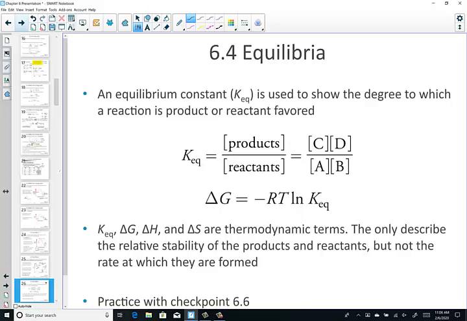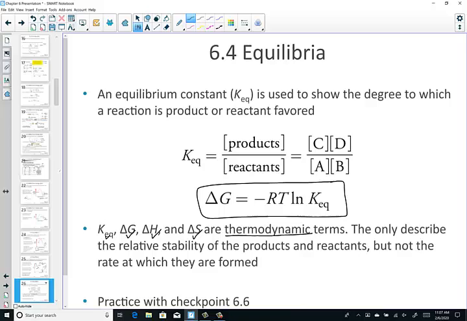We understand equilibrium is just an expression of the concentrations of the products over the concentrations of the reactants. And we used this equation to relate Gibbs free energy and the natural log of the equilibrium constant. Equilibrium constants, Gibbs free energy, enthalpy, entropy, these are all thermodynamic terms.